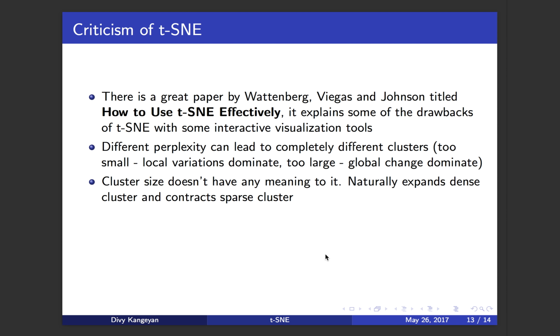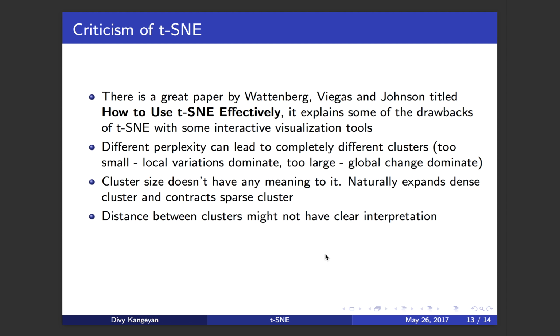But t-SNE doesn't have that intrinsic interpretation. It also has the tendency to expand dense clusters and contract sparse clusters. So if you see a dense cluster, that doesn't mean the cluster points have very small variance. Or if you see a very large cluster, that doesn't mean those points have very large within-cluster variance.